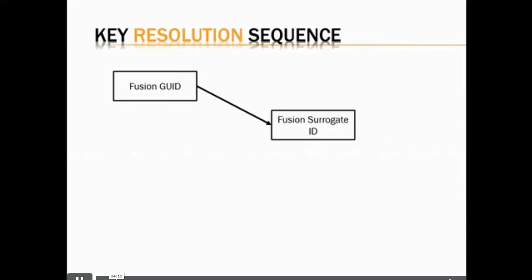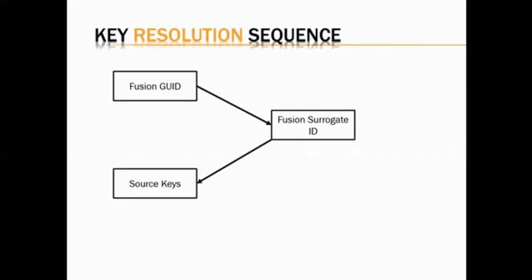Once the surrogate ID is not found, then it will look for the next key, called source keys. Source keys are very important when we do the initial implementation of any project, that is, the initial implementation of Fusion, moving from the source system to the Fusion applications. What Oracle recommends is that at the time of the initial implementation, you won't have the Fusion GUID or Fusion surrogate ID. You can use source system keys to uniquely identify the record.